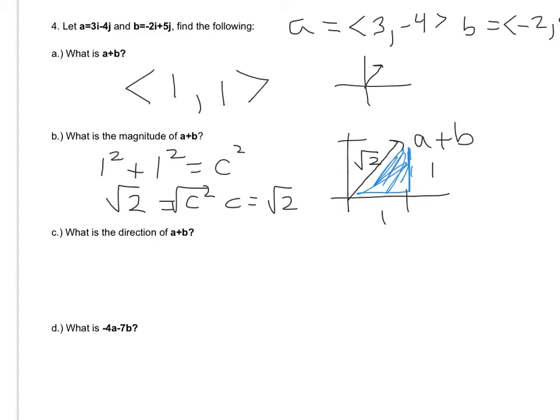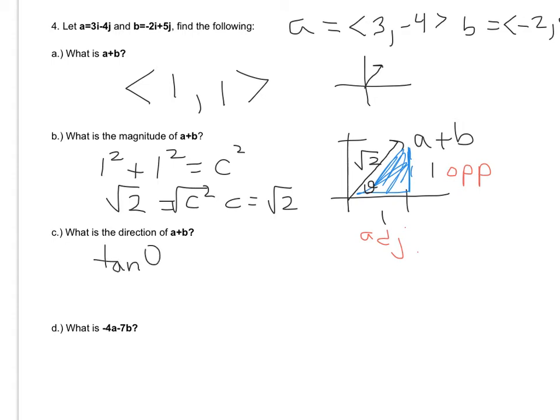Now the next question asks, can we find the direction of this vector? Which way does it point? Well, again, we have a right triangle, so really we're just trying to find this angle right here, theta. You can do this lots of ways, but if you think of this as opposite, this adjacent, and this of course hypotenuse, I'll just do tangent.